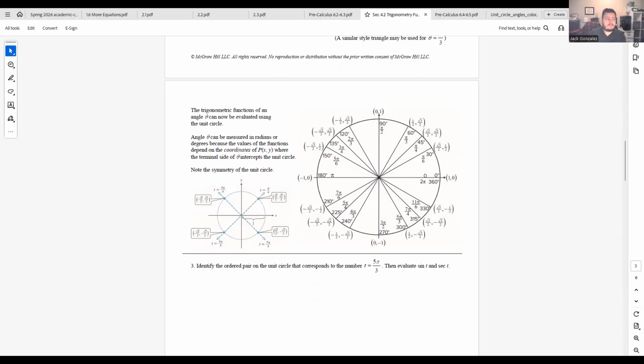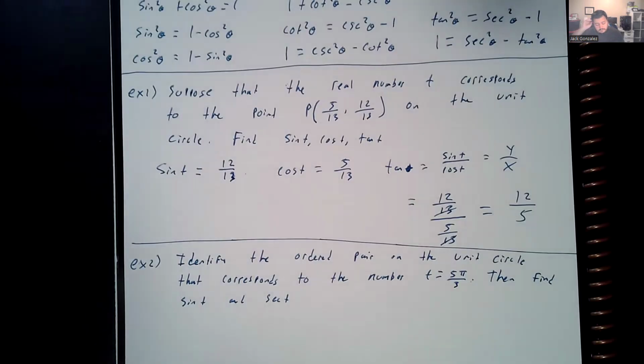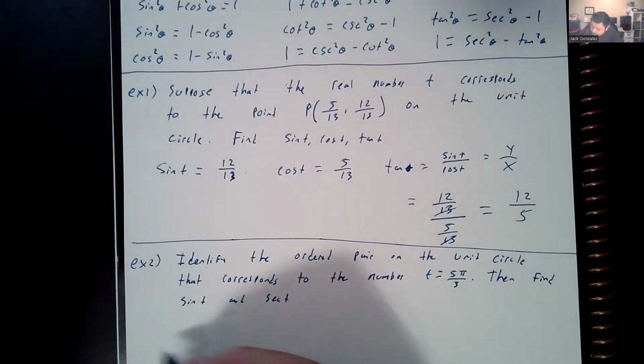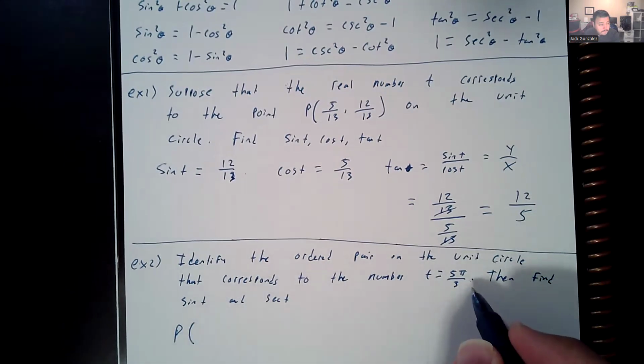Okay, let's go back to the paper and do that on paper. We found the ordered pair just a minute ago. We'll call it P at the 5 pi over 3.